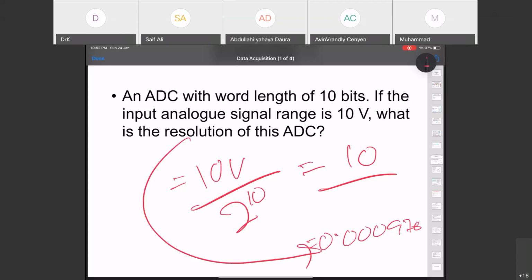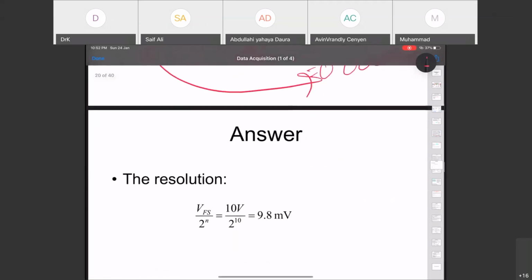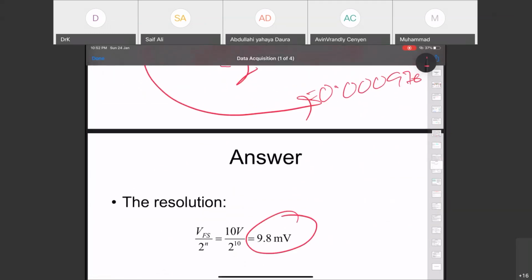This is the precision of the thing. But you have to find the number here, guys. Here they give you 9.8 millivolts. So meaning that in every 9.8 millivolts change, you will get the representation in the digital world.